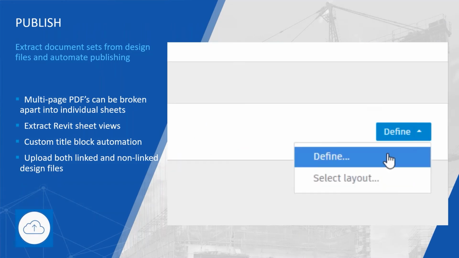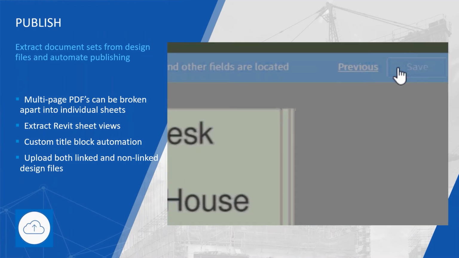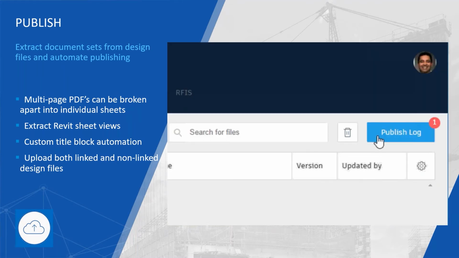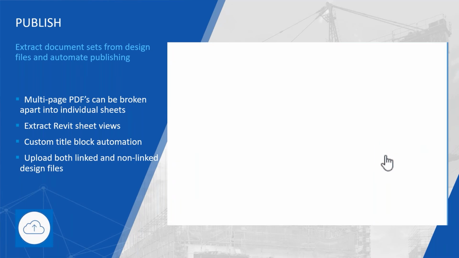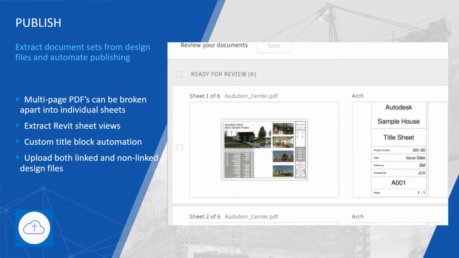Publishing documents. Get information published faster and organized logically with bulk upload, set creation, and automatic separation of sheets from design files. Organize construction drawings and documents into sets and quickly review changes between versions in 2D or 3D.